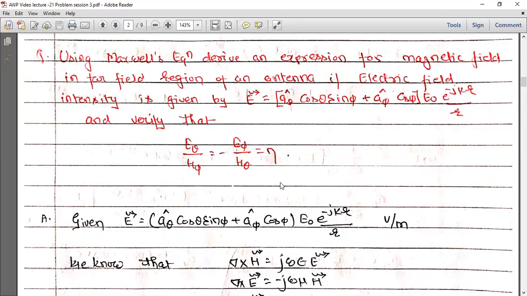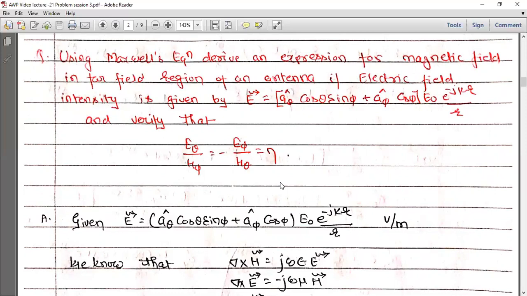We already proved this in our electromagnetic theory syllabus, but here we have to verify the same result. We know very well that when an electromagnetic wave propagates in a medium, at any point the ratio of the theta component of electric field to the phi component of magnetic field, or the negative of the phi component of electric field to the theta component of magnetic field, is a constant, and this constant depends on the medium.